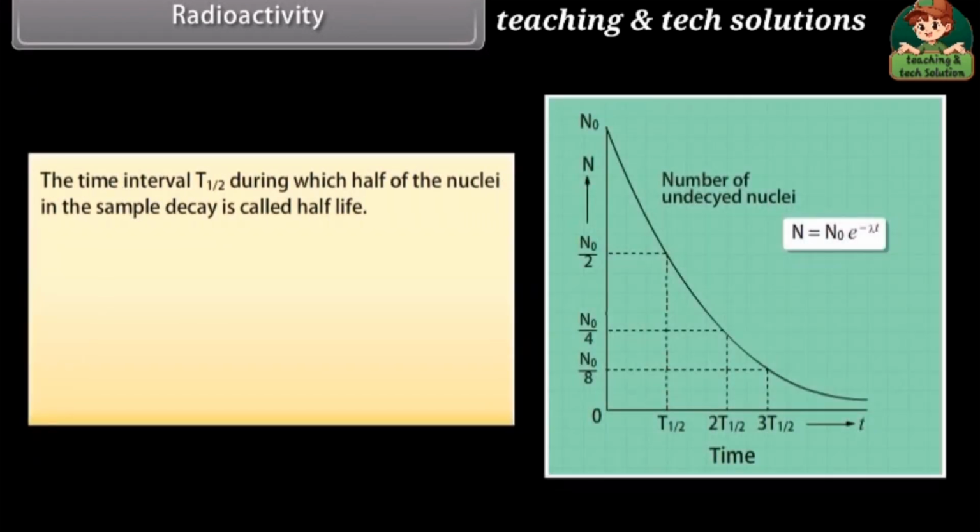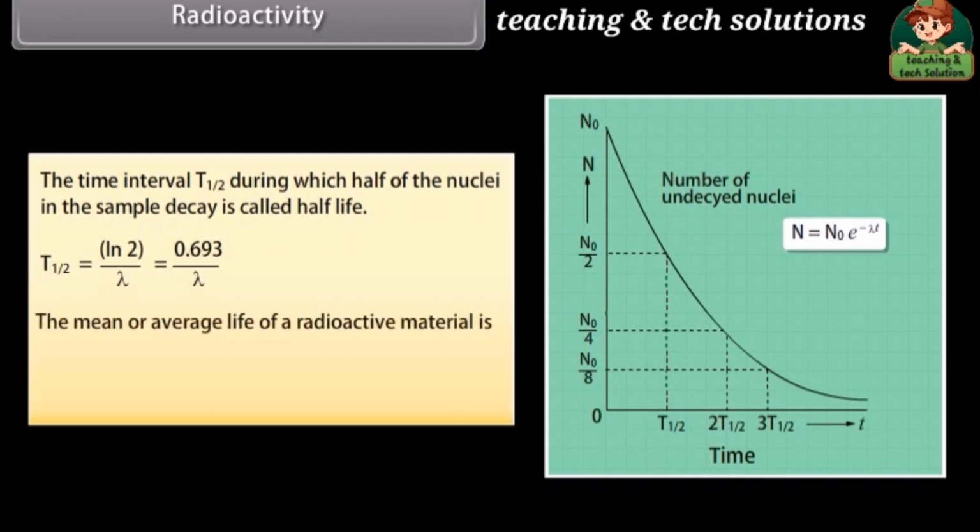The time interval T-half during which half of the nuclei in the sample decay is called half-life. T-half = ln2/λ = 0.693/λ. The mean or average life of a radioactive material is τ, which is equal to 1/λ.